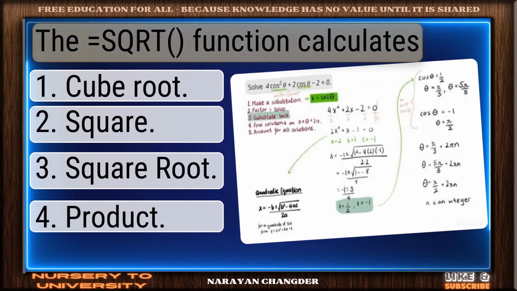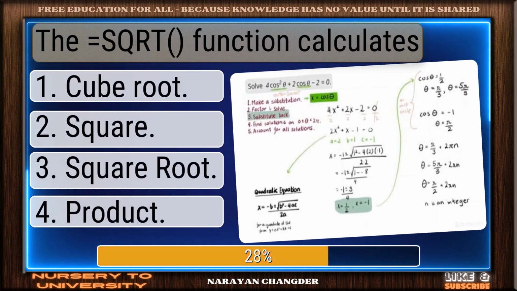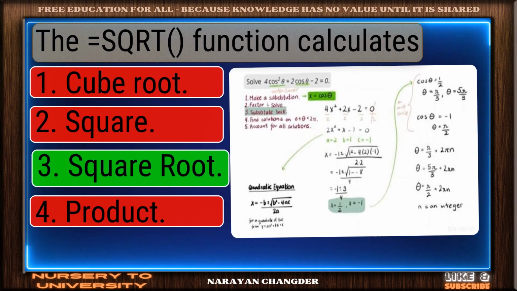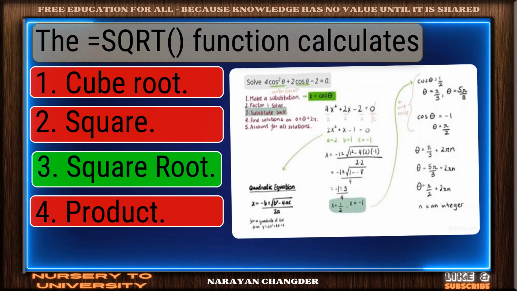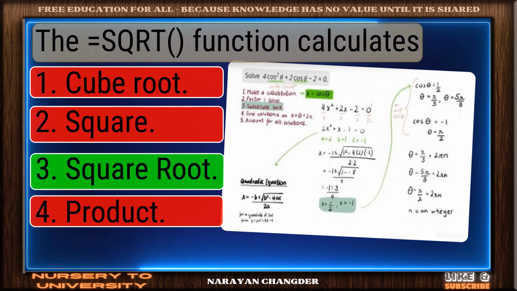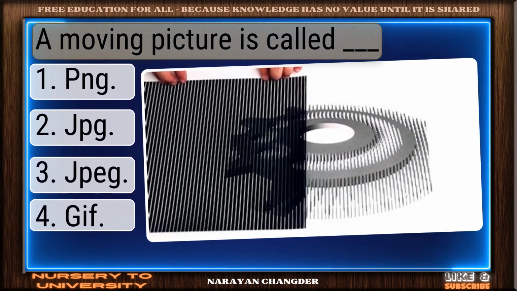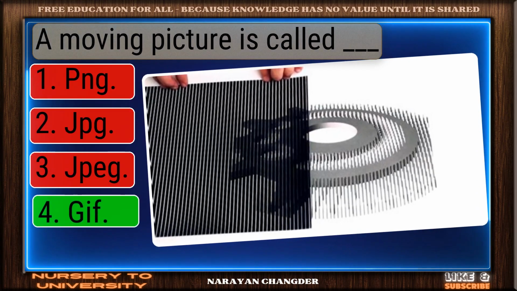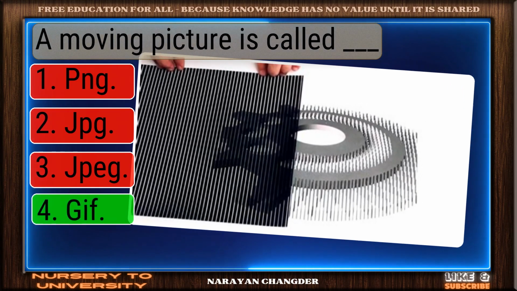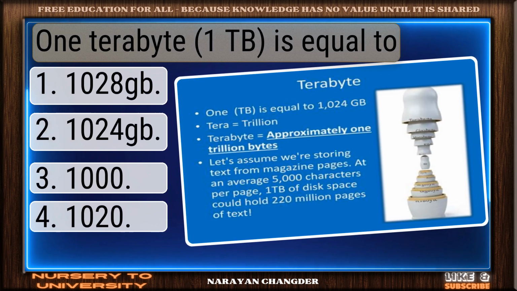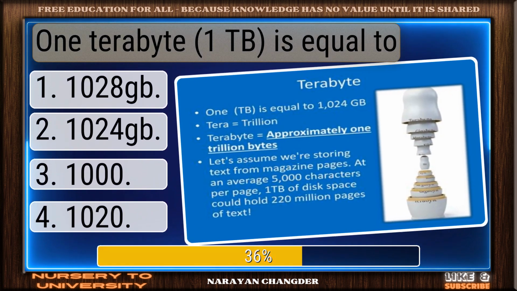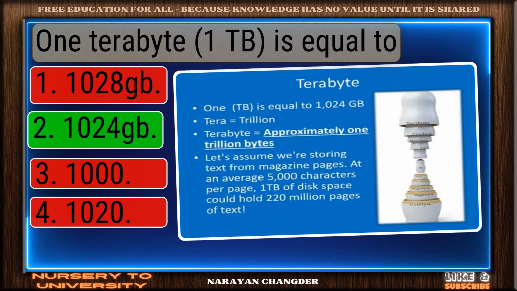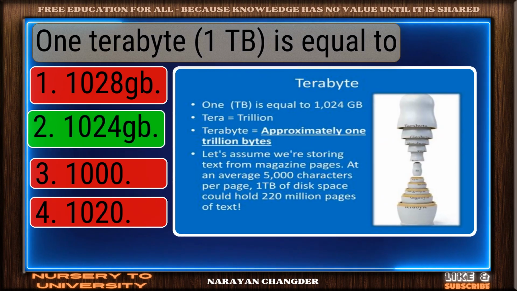The equal to SQRT function calculates? Great thinking. Square root is the right choice. A moving picture is called? Good job. Your answer GIF works well here. 1 terabyte is equal to? Correct. 1024 GB is the right answer.